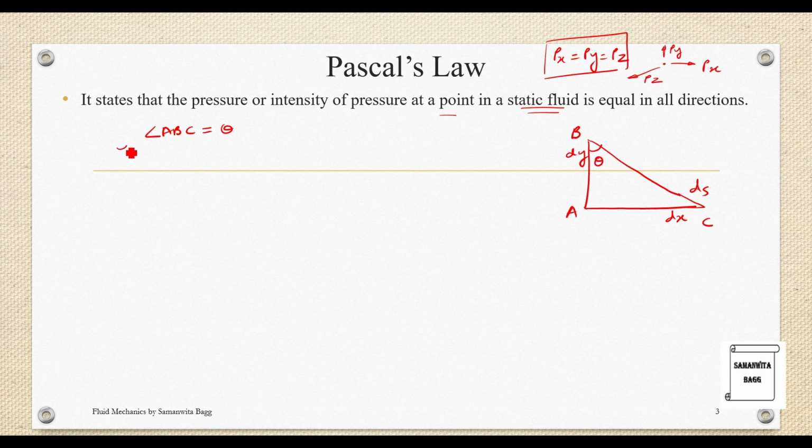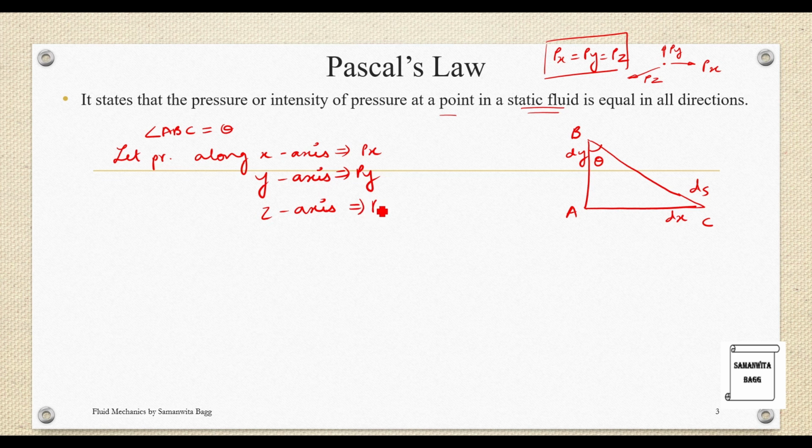So let's say the pressure along x direction is Px. The pressure along y-axis is Py, and along z-axis say it is Pz. So these are the three pressures that we are going to encounter.